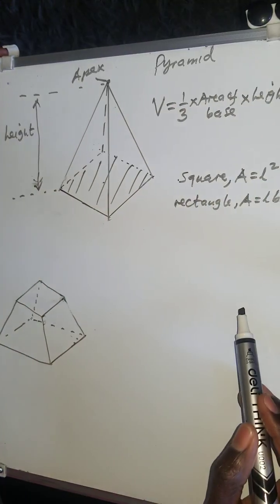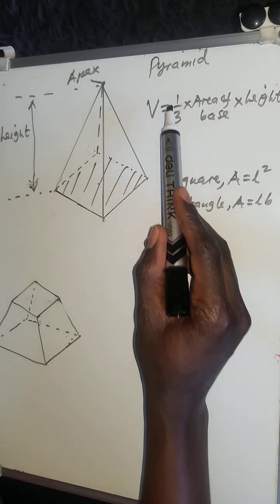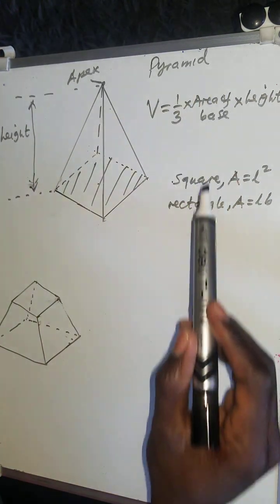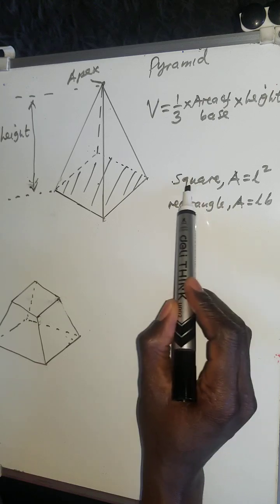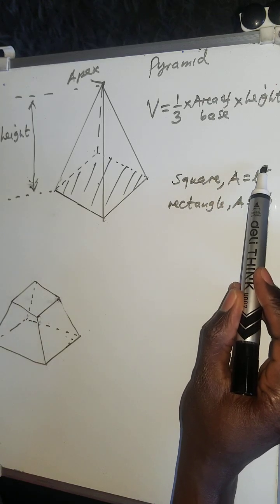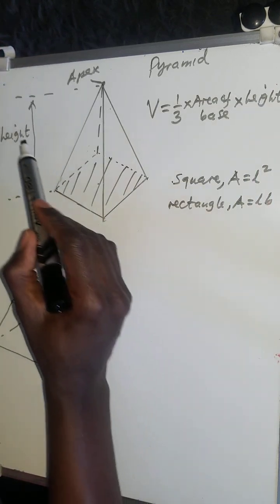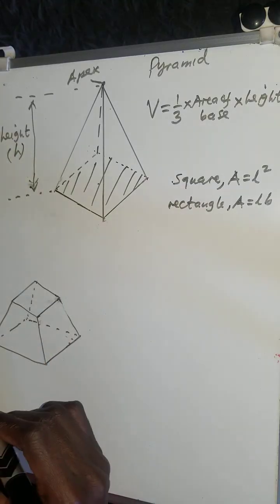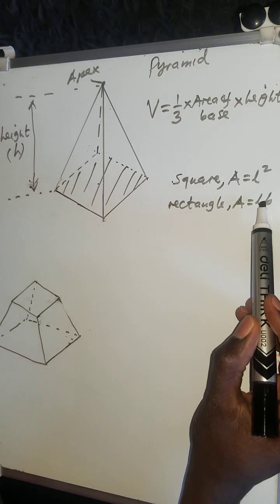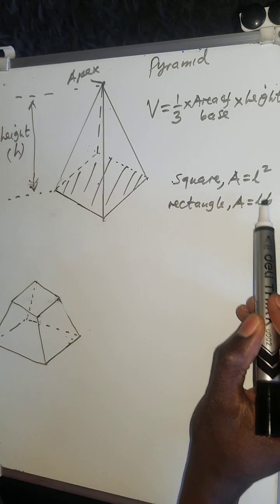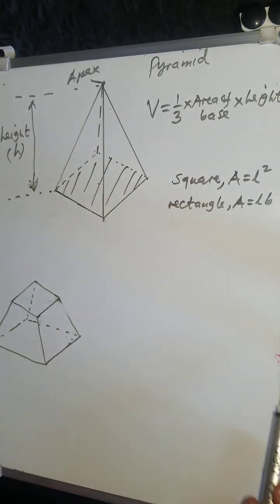So that's the way you get the volume. It will depend. So it's 1/3 the area of the base. If your base is in the form of a square, then it would be L squared times the height in this case of the pyramid. If your base is in the form of a rectangle, it is L times B times the height. So that's the way you get that.